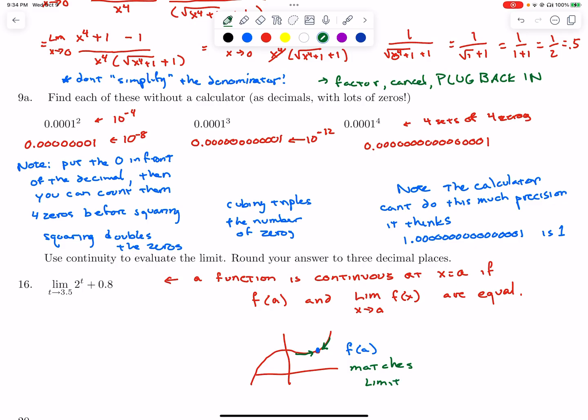Okay, so what that means is the continuity is, if it's just passing through, you can just calculate it. So we'll just do 2 to the 3.5. Since the limit is the same as f of a, we can just figure out what f of a is.